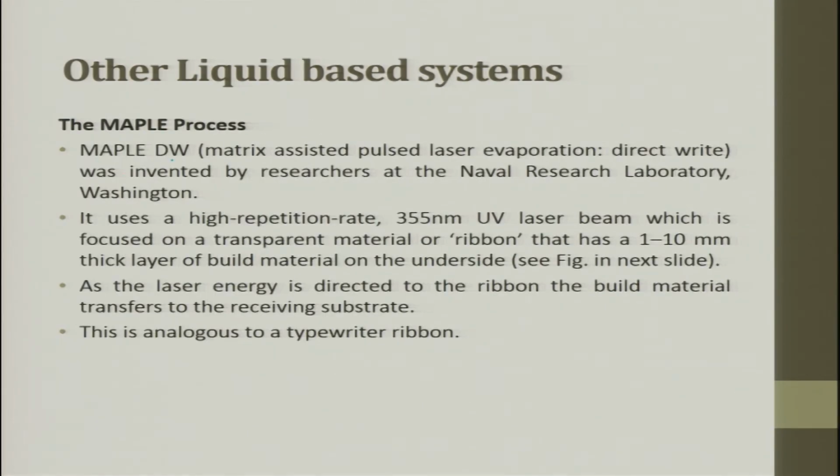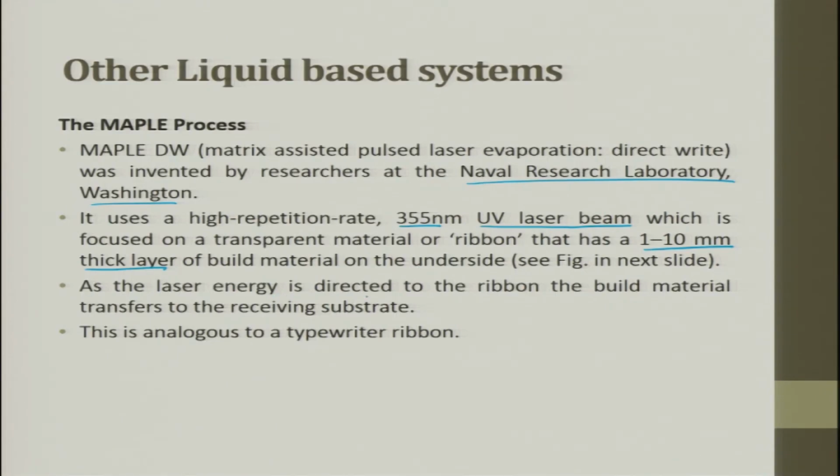The MAPLE process, MAPLE DW, matrix assisted pulsed laser evaporation direct write, was invented by researchers at the Naval Research Laboratory, Washington. It uses a high repetition rate 355 nanometer UV laser beam which is focused on a transparent material or ribbon that has a 1 to 10 millimeter thick layer of build material on the underside.